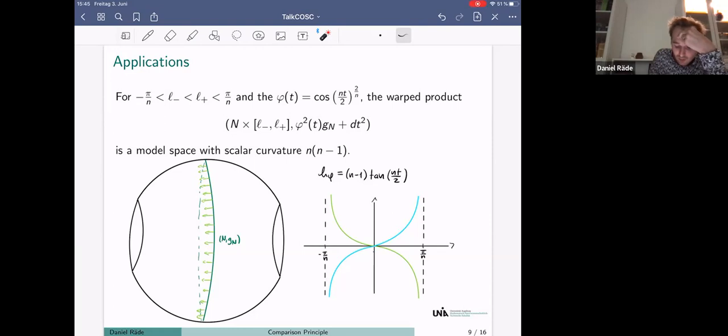And then the warped product over some closed scalar flat manifold is a model space with scalar curvature equal to the scalar curvature of the n-sphere. So if we're in a two-dimensional case and N is just a round circle, then we actually just get S2. Okay? S2 without the west and the east point is exactly such a warped product. And what you see is that this h phi is given by n minus 1 times the tangent function, right?